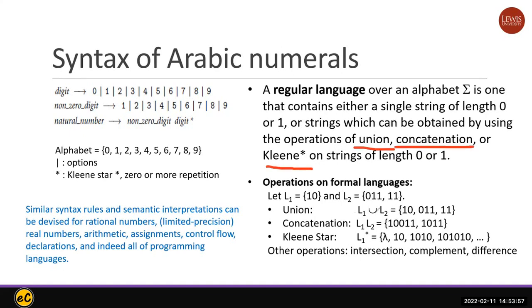Union means that you put them together: you have one language and another language, and you combine them. Concatenation means that you combine the symbol from one language with the other. And Kleene star, you can repeat them. Intersection, complement, and difference operators can also be used to build a formal language.